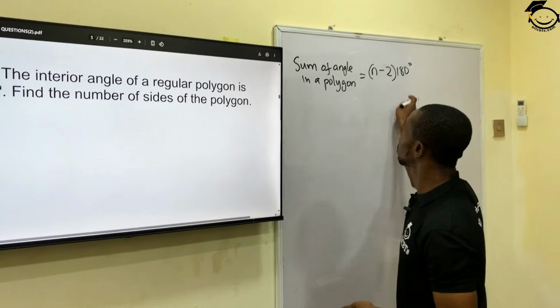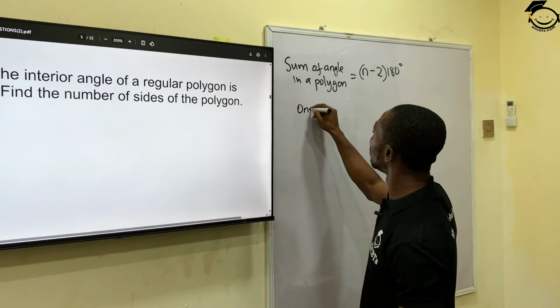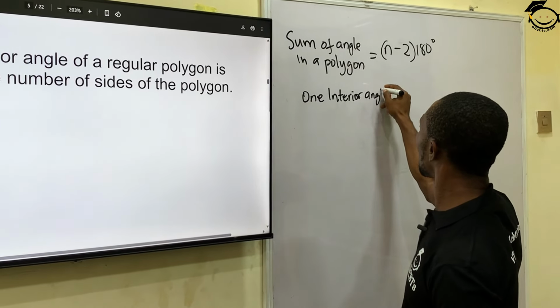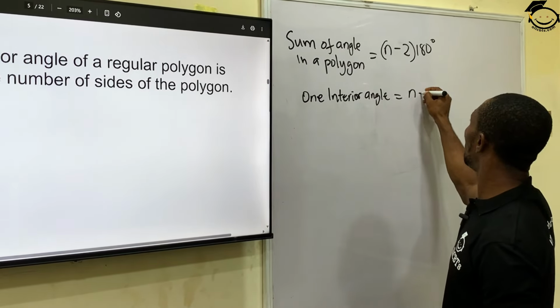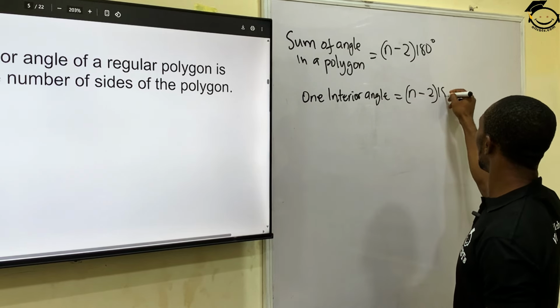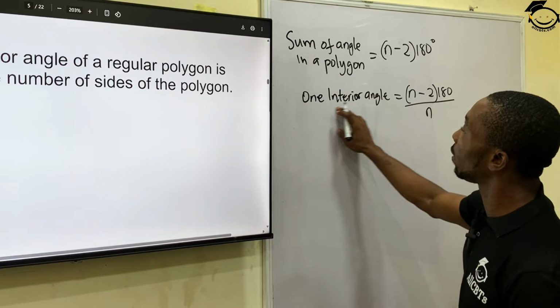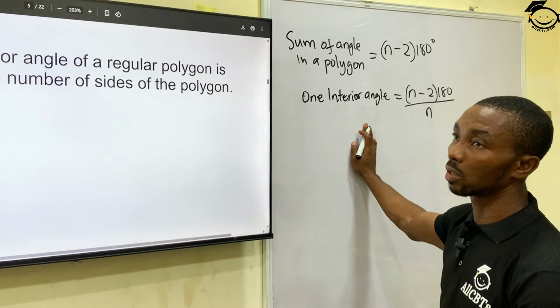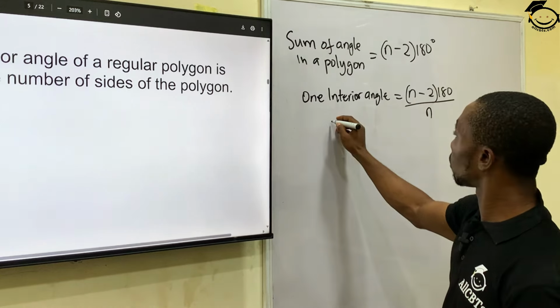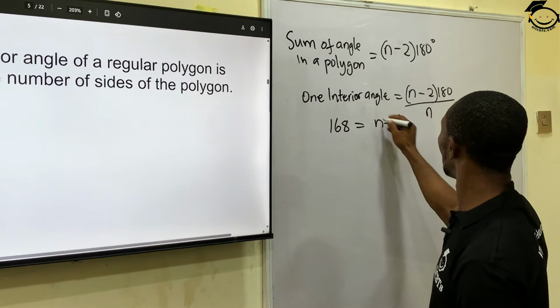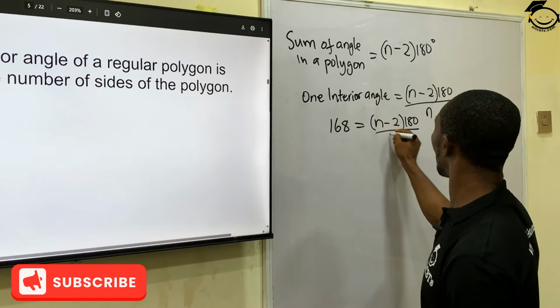So one interior angle will become (n minus 2) times 180 all over n. Now, our one interior angle has been given to us as 168. This becomes 168 equals (n minus 2) times 180 over n.